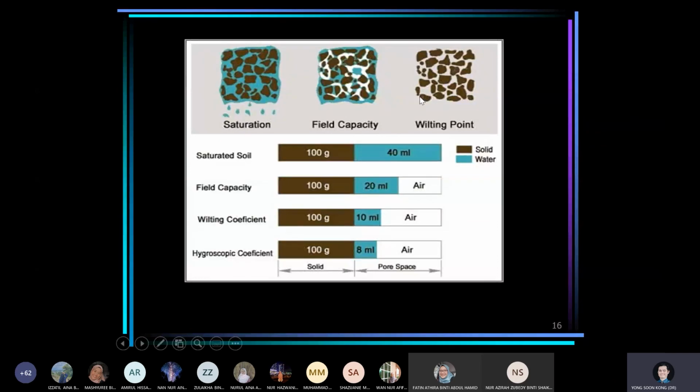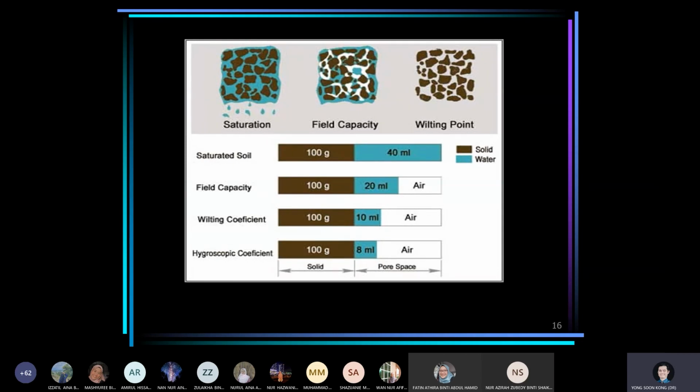So you can see gravitational water maybe does not exist anymore. And even cohesion water is at a very minimal point that the plants cannot absorb. Because plants cannot absorb, they wilt. So at wilting point, if you can still find water, most likely this water will be adhesion water, the adhesion water that's strongly attached to the surface.